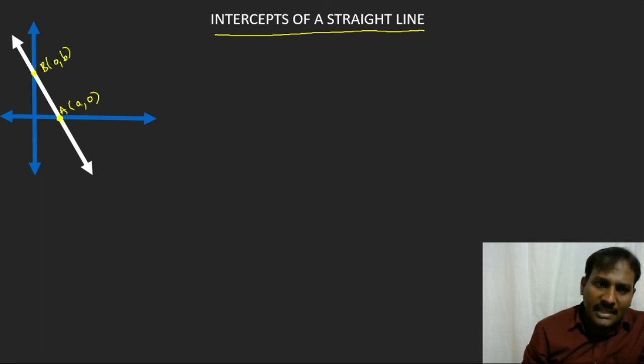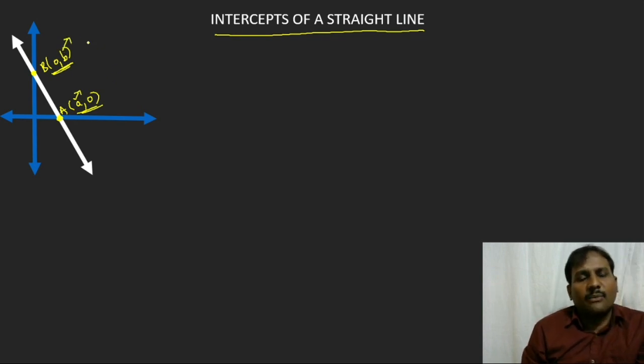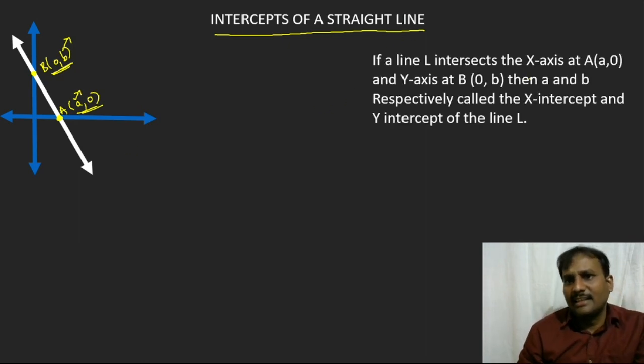Then this a is called the x-intercept of the line and b is called the y-intercept of the line. So if a line intersects the x-axis at a comma 0 and y-axis at 0 comma b, then a and b are called the x-intercept and y-intercept of the line.